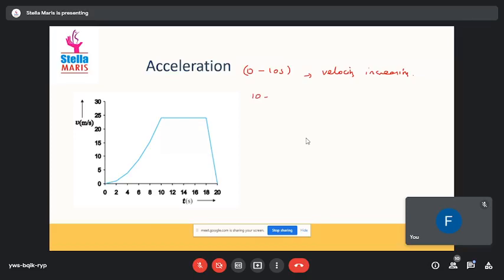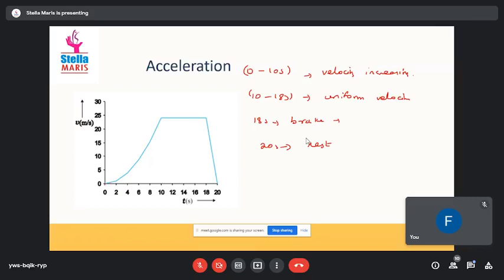And 10 to 18 seconds the body moves with uniform velocity, okay. And at 18th second, actually we have seen it, brake was applied, so at 20th second the car has come to rest. That's what is given here.